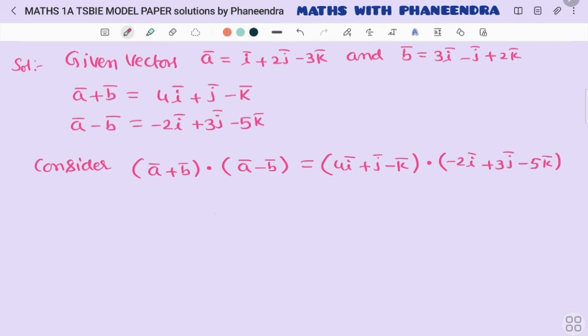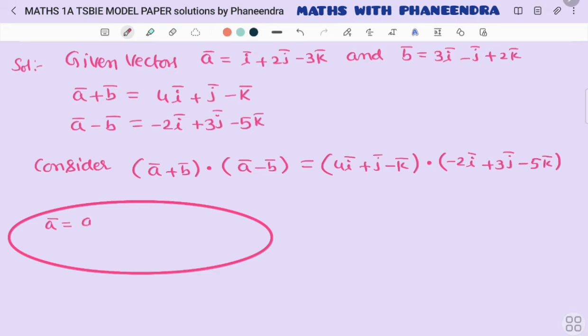For the dot product of two vectors we also need to know that if a bar equal to a1 i plus a2 j plus a3 k, b bar equal to b1 i plus b2 j plus b3 k, then a bar dot b bar equal to a1 b1 plus a2 b2 plus a3 b3.